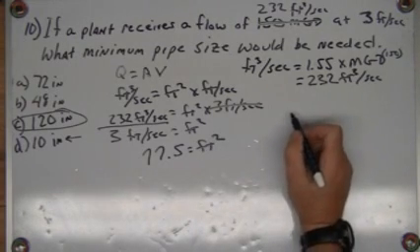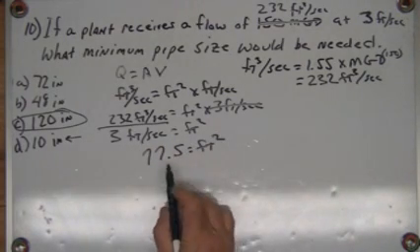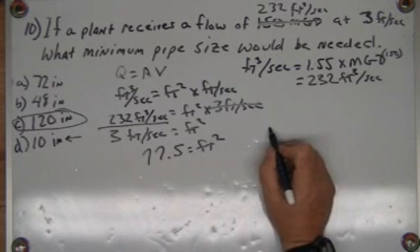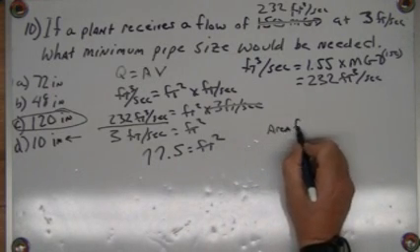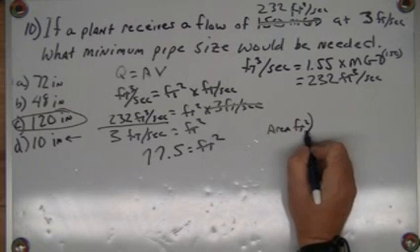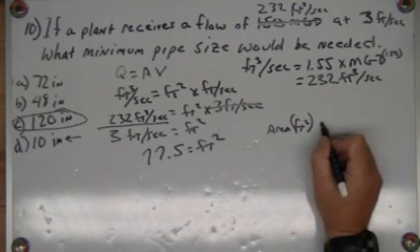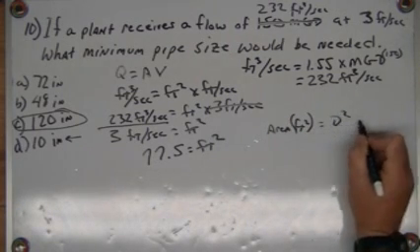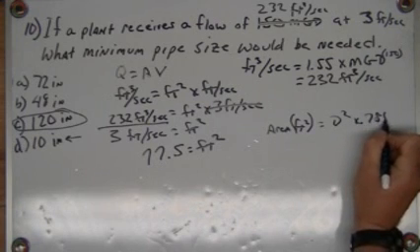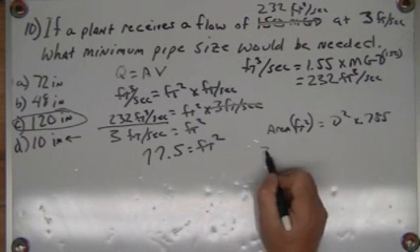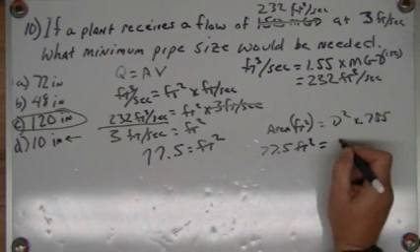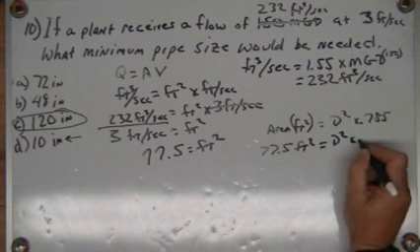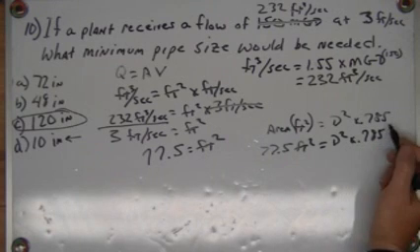So I have another formula because what I need is a diameter and I don't have it. So I'm going to have area in feet squared equals diameter squared times 0.785. So I'm going to go 77.5 feet squared equals diameter squared times 0.785.